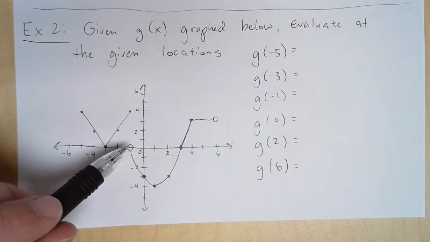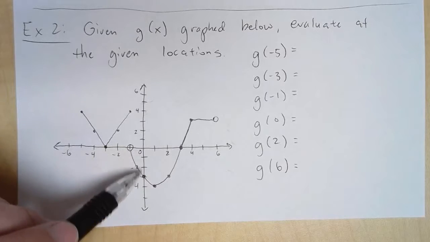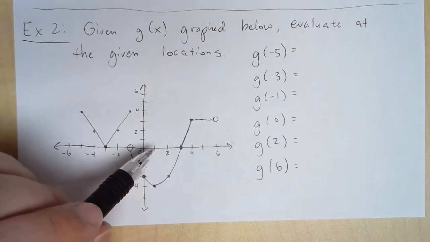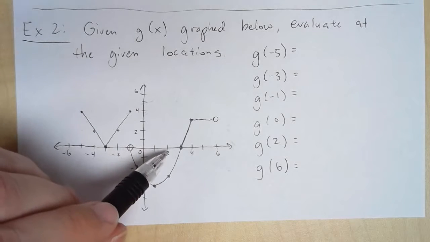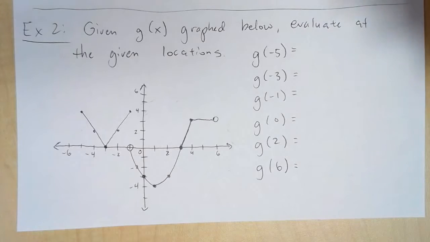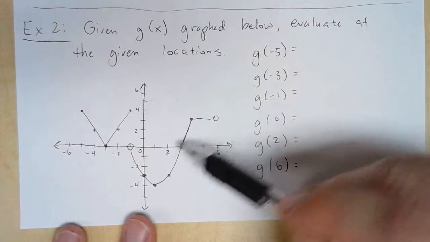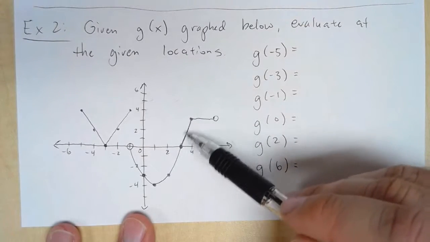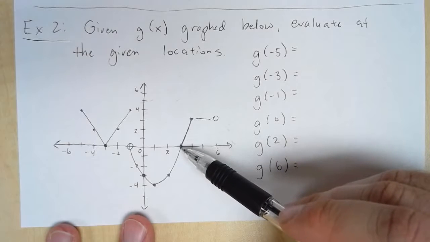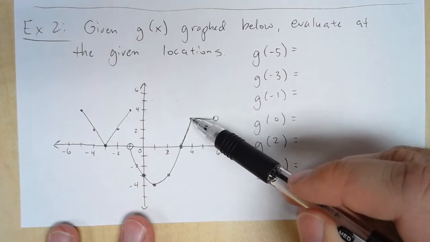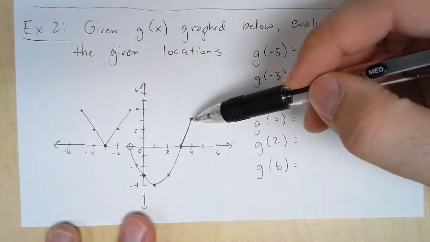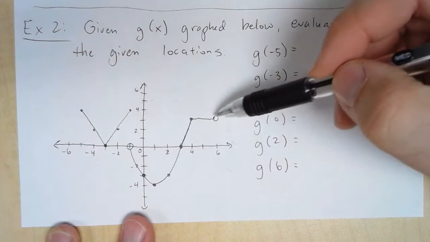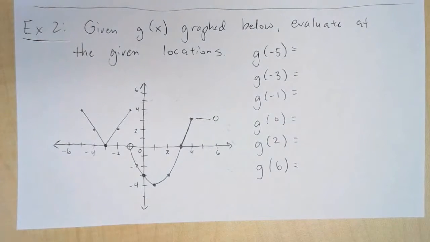And then it's going to jump down here with an open circle at negative 1, 0, 0, negative 3, 1, negative 4, 2, negative 3, 3, 0. And we have a linear piece in the middle, so this quadratic and this linear are separate pieces that go from 3, 0 to 4, 3, and then at 6, 3 is an open circle. But again, go back and copy that if you need it.